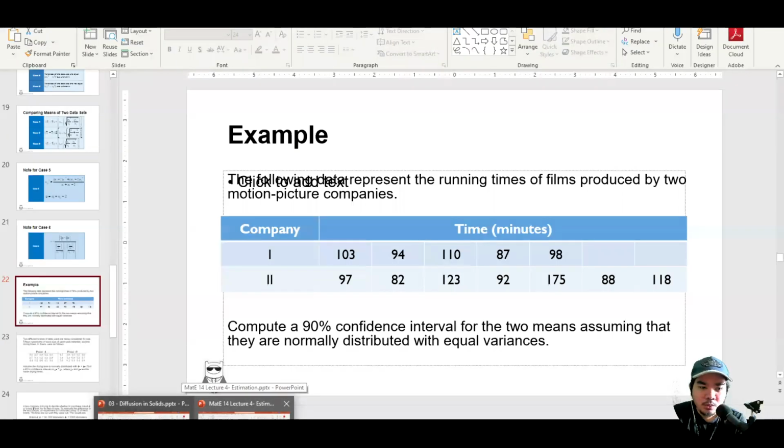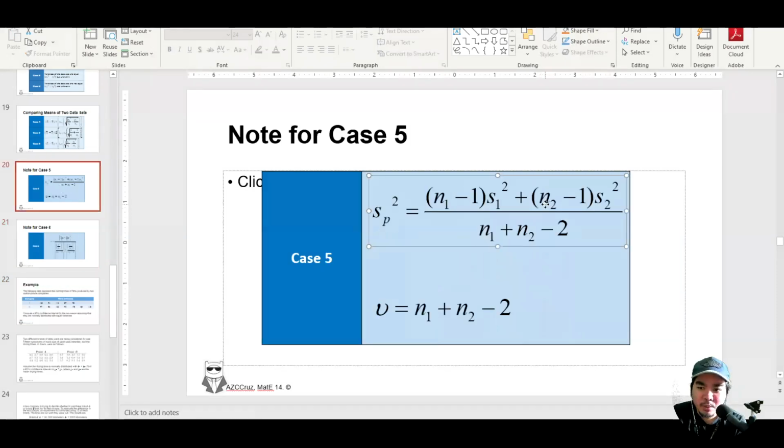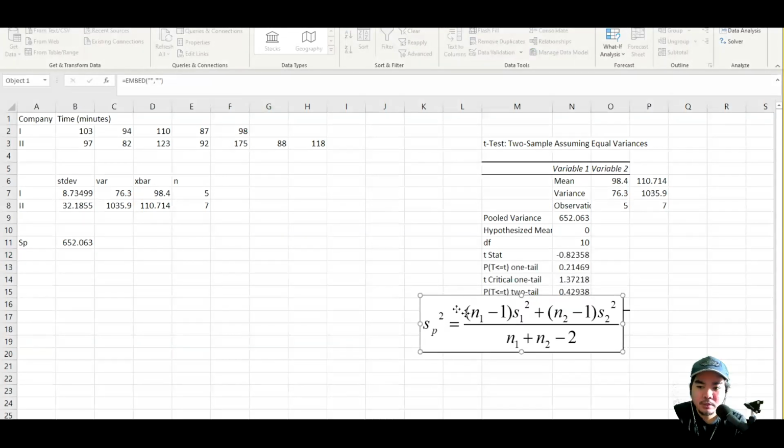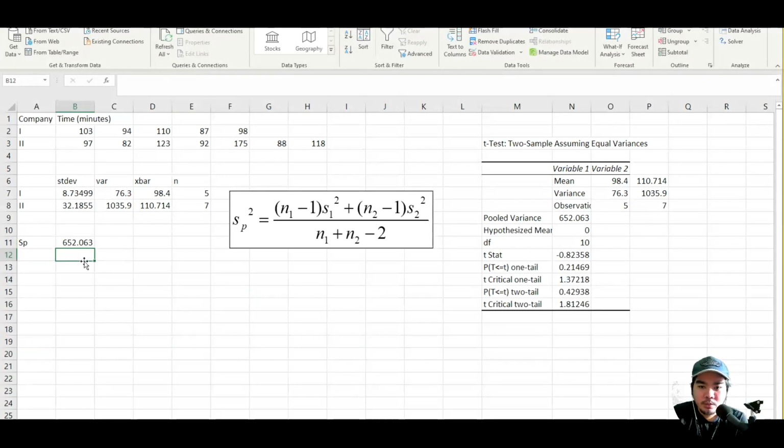So, if we do the formula, and I myself cannot memorize the formula, copy ko lang yung formula muna dito. So, we do n1 minus 1 multiplied by s1, variance 1, so this value here, plus n2 minus 1.